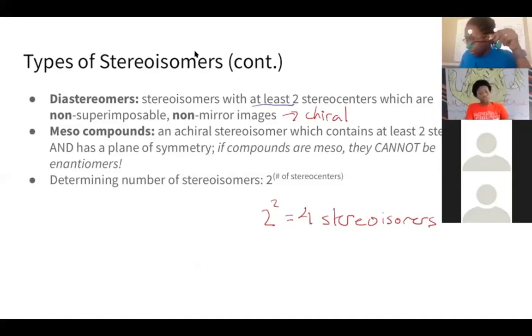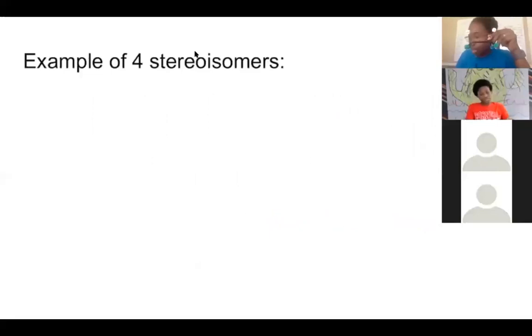Okay, that's fine. So I'm going to go ahead and draw out our 4 different stereoisomers for this molecule. So first, we have the one that I'm drawing right now with our 2 white, the W stands for white, our 2 white atoms sticking straight up.